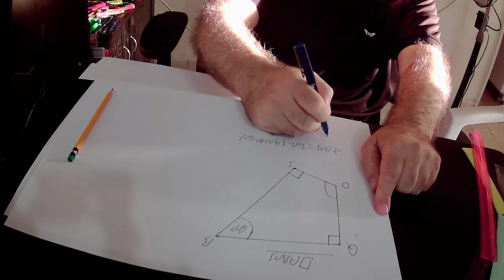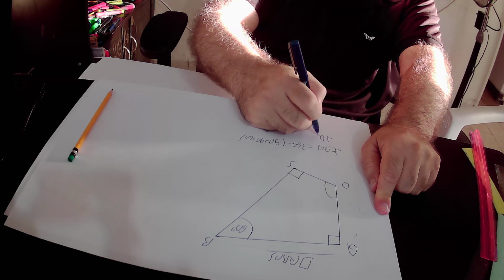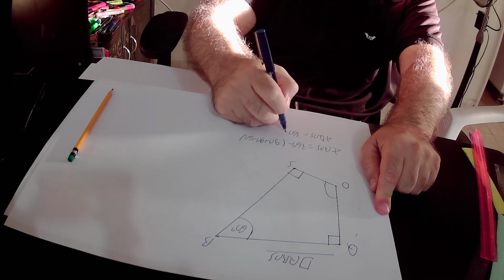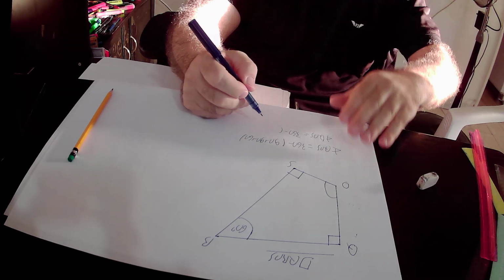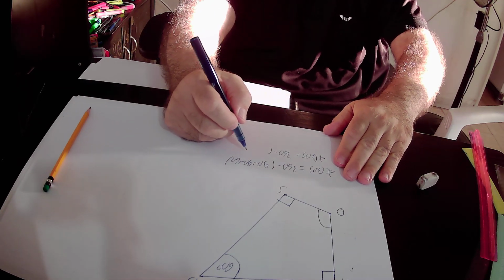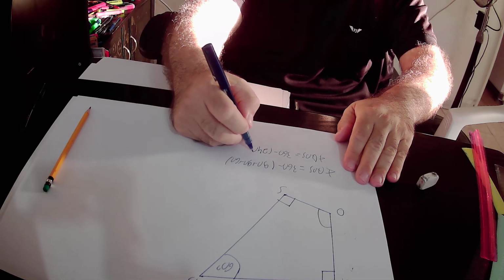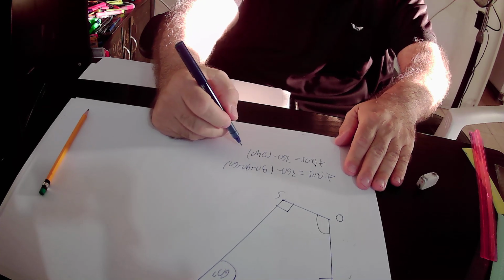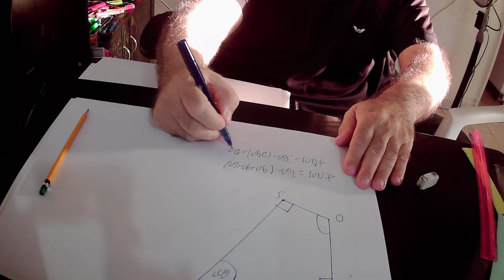So the size of the missing angle, angle QOS, will be equal to 360 degrees minus 90 degrees plus 90 degrees is 180 degrees. 180 degrees plus 60 degrees is 240 degrees. So therefore the missing angle equals 360 degrees minus 240 degrees, it is 120 degrees.